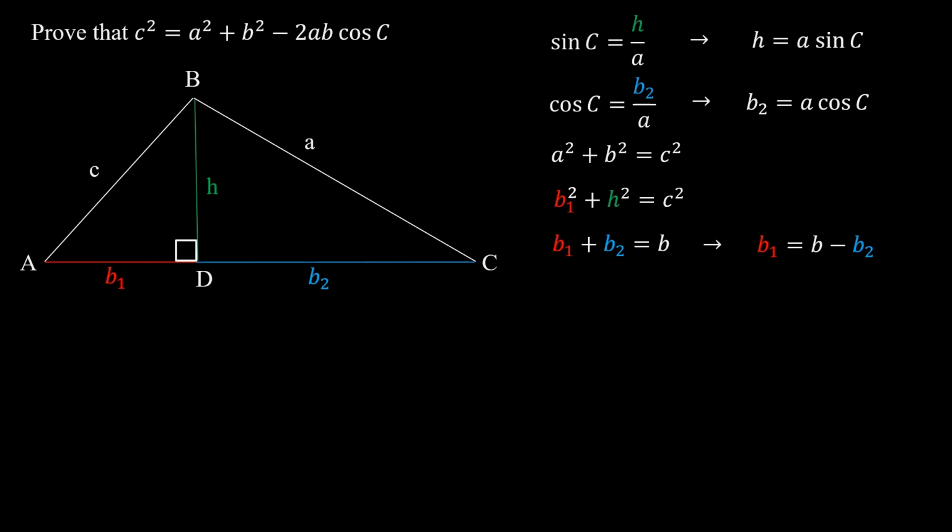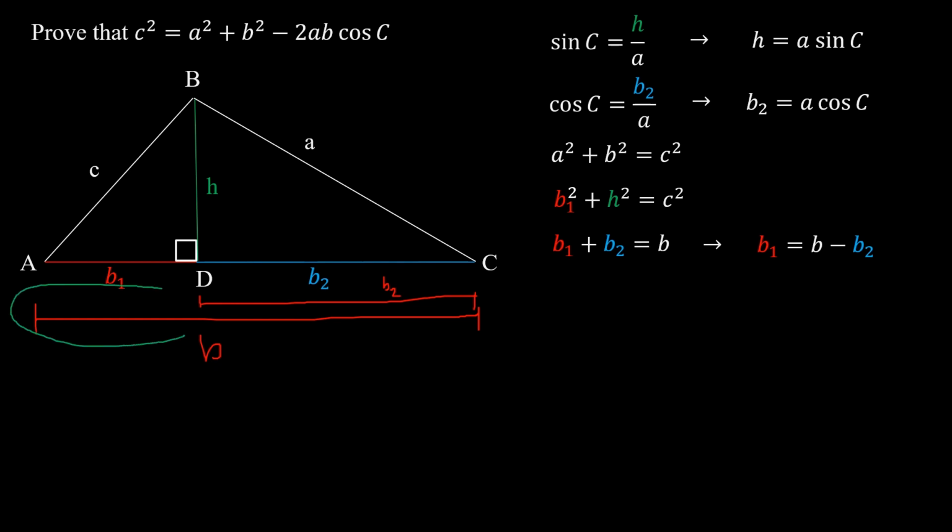And we can also just rearrange this to get that b1 is going to be b minus b2. Now this makes sense because this entire side length is b, this side length is b2, so if you have b minus b2, then you would just get this remaining side length, b1.